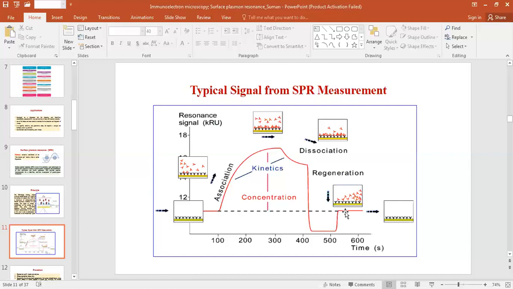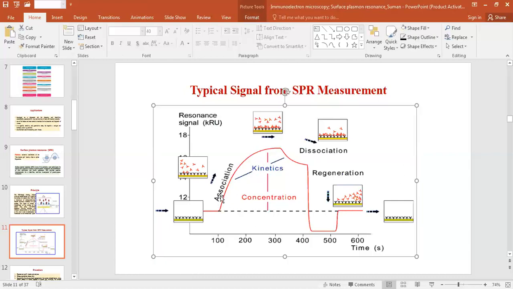After a certain time of injection, a steady state is reached. Here you can see the association between two proteins, maybe antigen and antibody, or an antibody with a secondary antibody. So it's a protein-protein interaction.